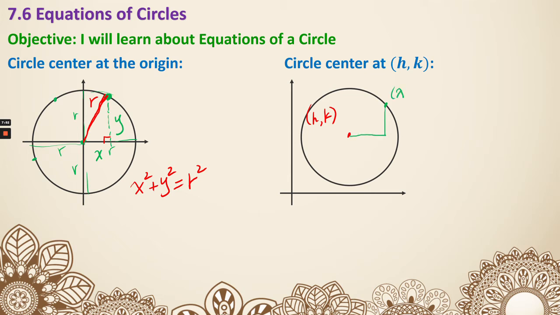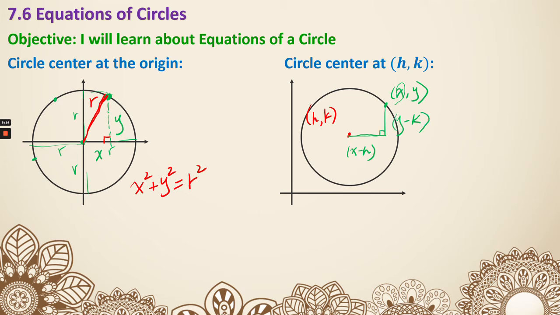Let's say this point is (x, y). We can still look for some relationship. The horizontal coordinate is x, this point is h. So this part can be represented by x minus h. And this part can be represented as y minus k.